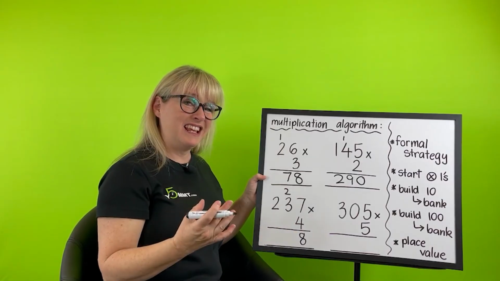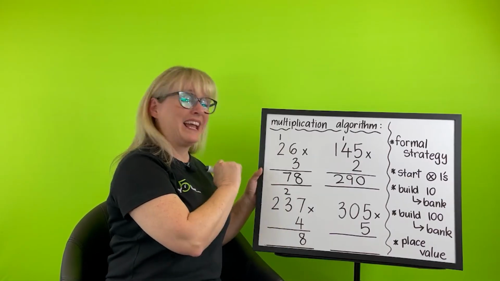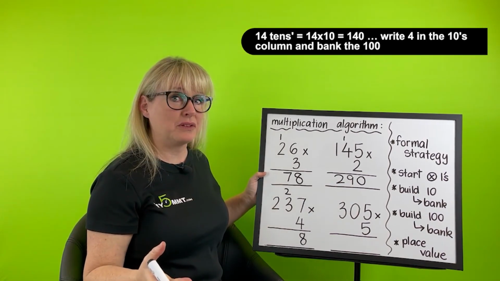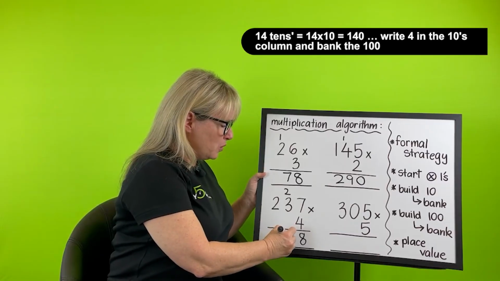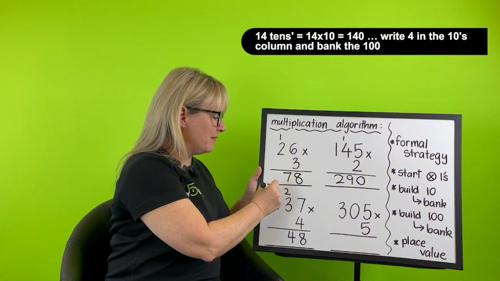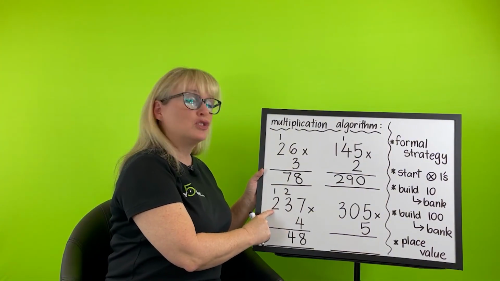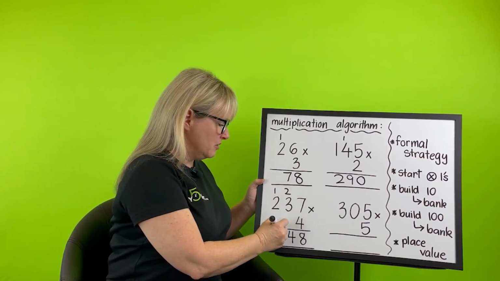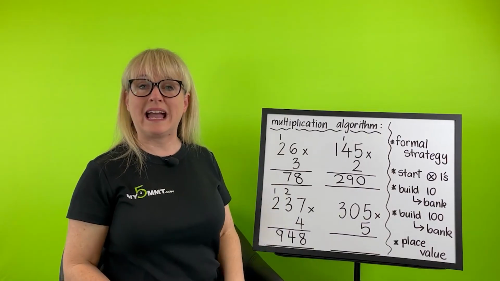Well, 14 tens, I could put down the 4 and bank up here. But what it represents, 14 tens, is 140. I put my 40 here in the tens column and my 100 over here. Now I've got 4 times 200 is 800 plus one more 100, 900, and that's how I get 948.